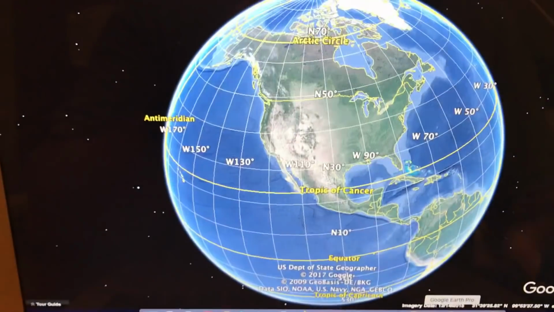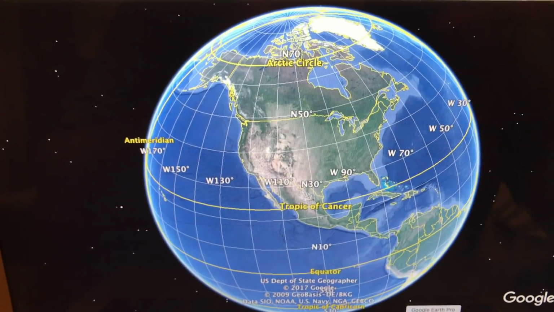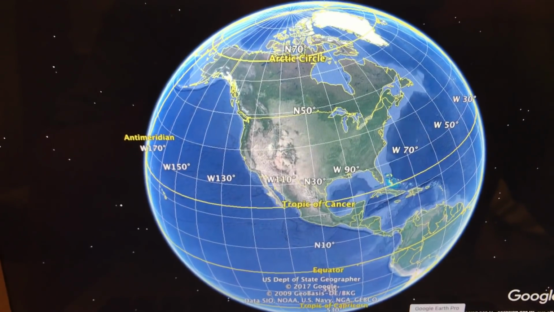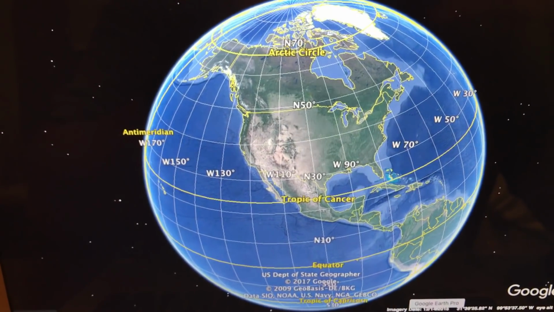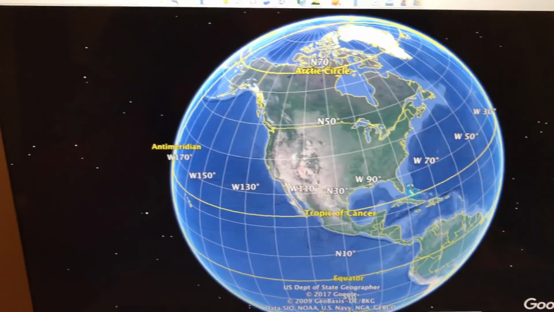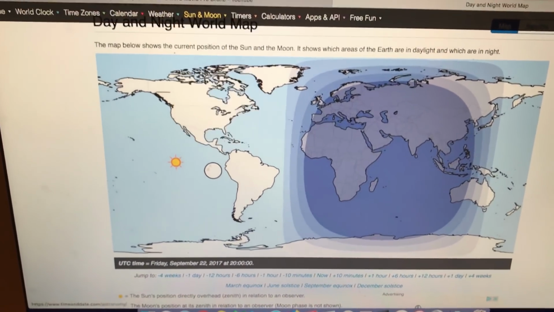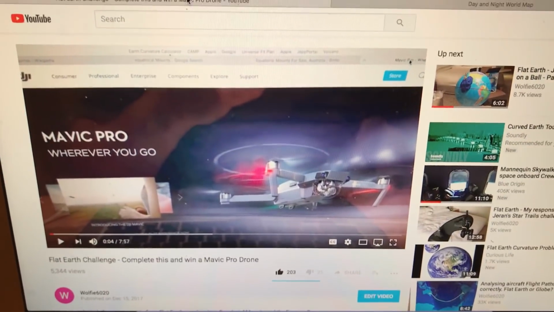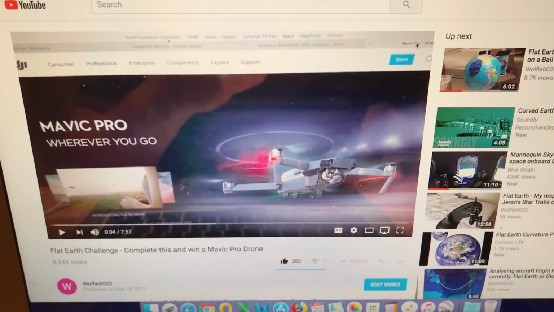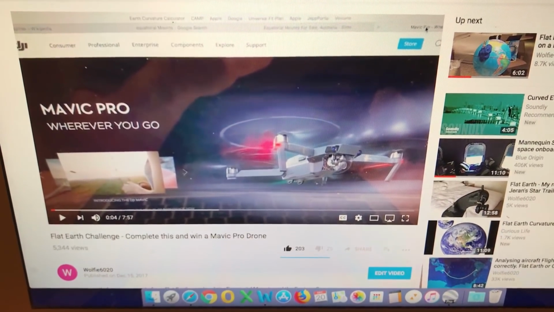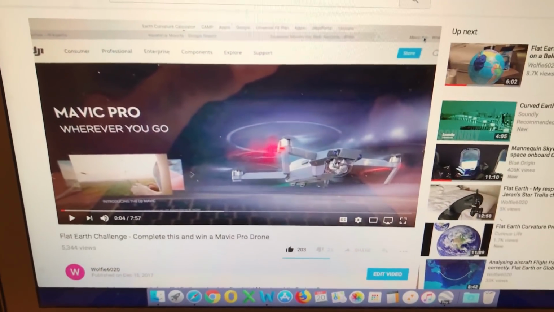Similarly, there's no point just showing me a video made using Google Earth, because again, we don't have the physical model and we need to address the equatorial mounts and how they work. So if you're going to enter this challenge, please watch the video again and make sure that you cover the physical model aspect and address every point in the challenge. Anything else is just a waste of your time.